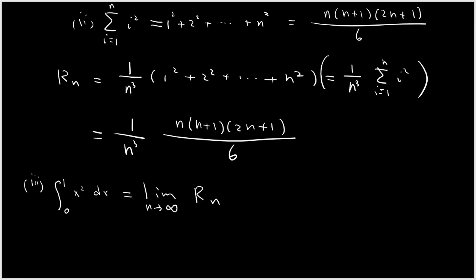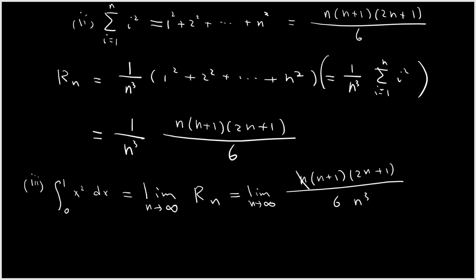Do I have enough space to complete this question in here? Probably I have. I'm going to write a tiny bit smaller. You take the limit of the Riemann sum as n goes to infinity. I'm going to copy the Riemann sum. On the denominator you have 6n cubed. On the numerator you have n times n plus 1, and then times 2n plus 1.